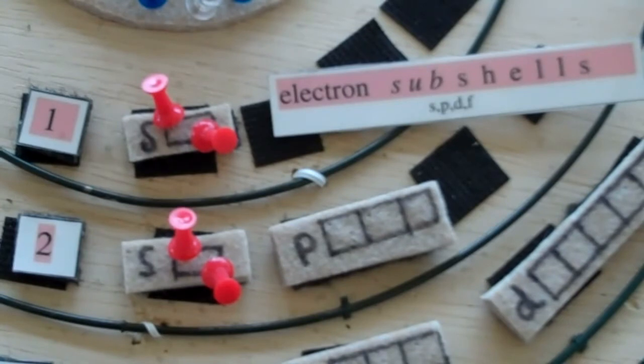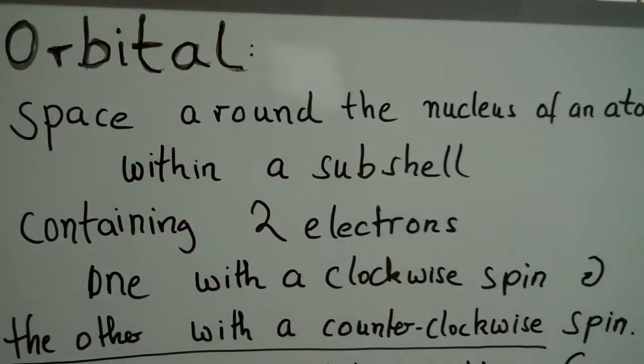So what you see here are 2 s orbitals, one in shell 1 subshell S and the second in shell 2 subshell S. An orbital is the space around the nucleus of an atom within a subshell containing 2 electrons, one with a clockwise spin, the other with a counterclockwise.